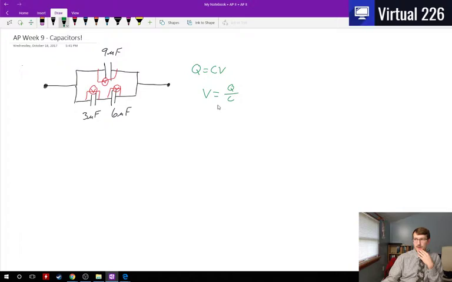If we are looking at this, then what we're thinking about here is from this point to this point, there's the same potential drop.